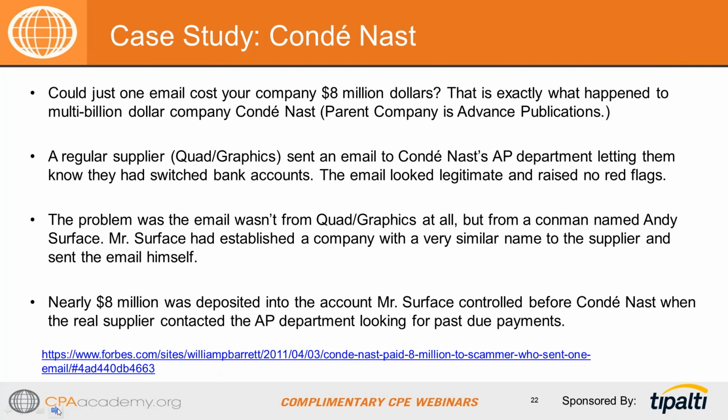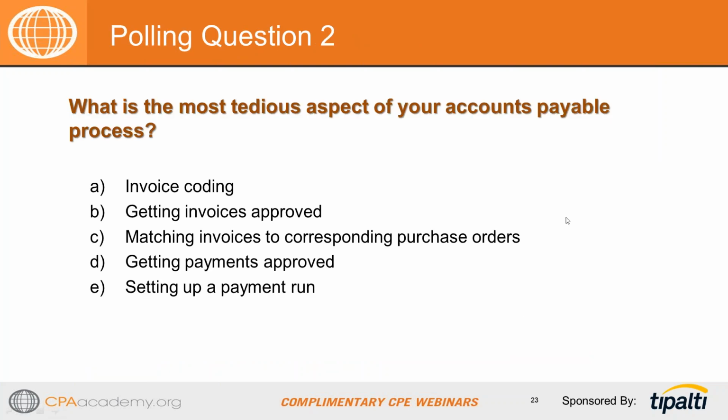So this is what can happen, even in the best of times, and think what phony suppliers are doing in the worst of times. This is a true story, to make you aware, and we can actually prevent this from happening with proper automation and controls. All right, we have our next polling question.